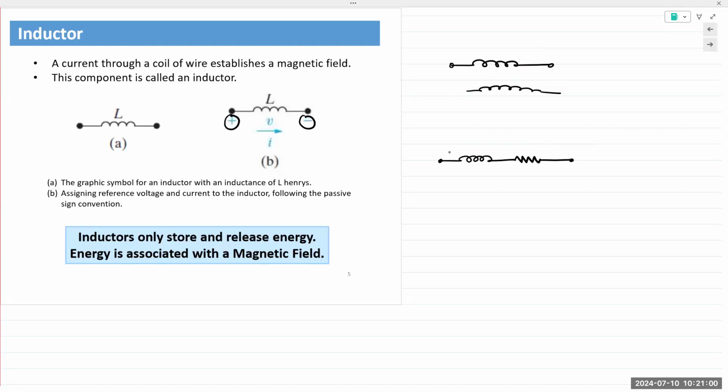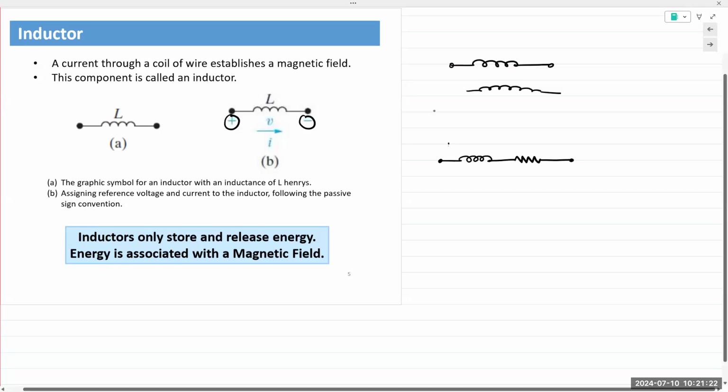So if you take a piece of wire and wind it up in a coil, you measure the inductance between the two ends, and you will measure some inductance. If you measure the resistance, it will give you some value for that resistance. And that resistance is inherently part of that wire, so we cannot separate it out. We model it as a resistor that is in series with the ideal inductor.